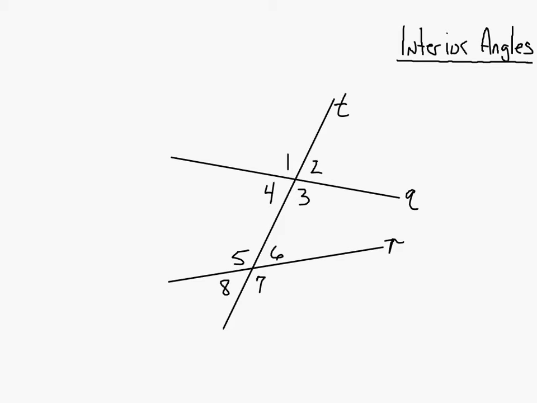The interior of lines Q and R is the space between Q and R. So the interior angles in this diagram are angle 3, angle 4, angle 5, and angle 6.